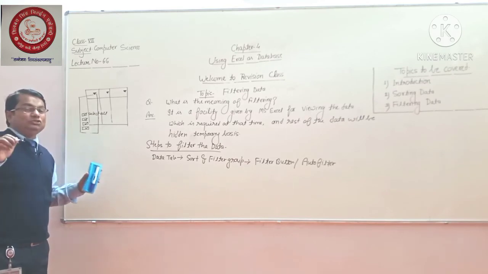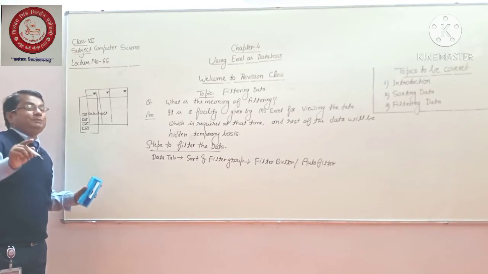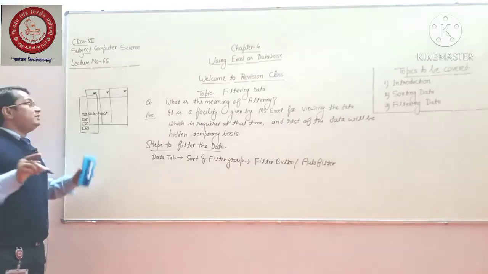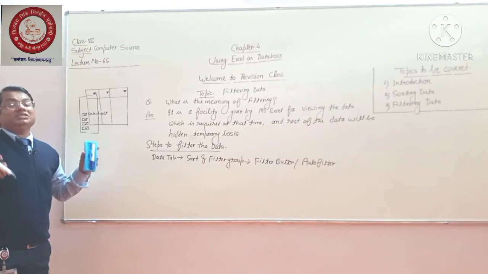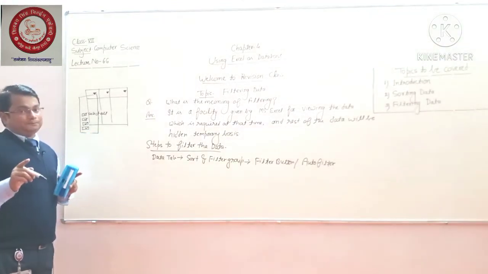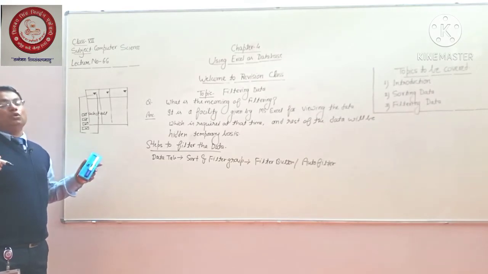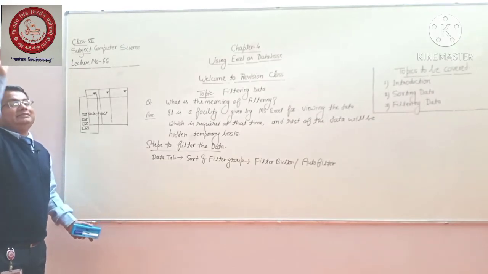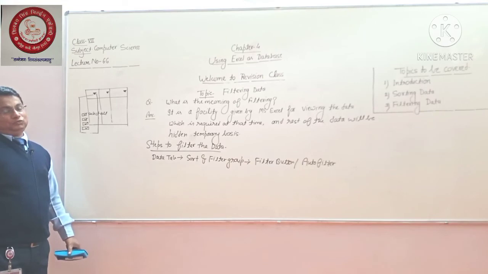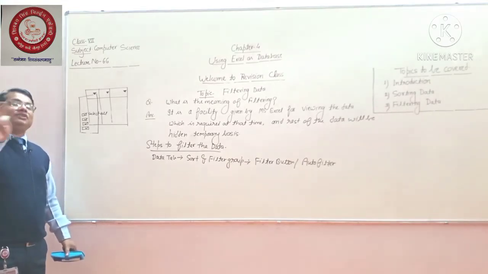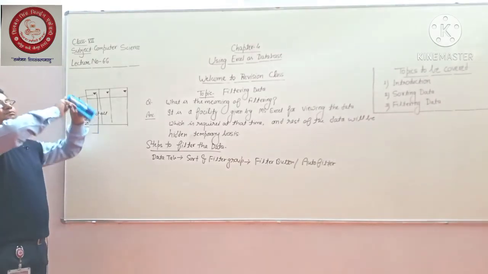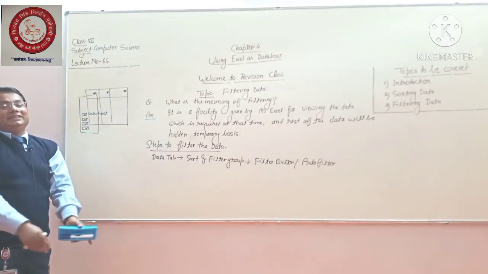Whatever things you select, click on the OK button, and immediately that data will be displayed according to your selection. So there are two different kinds of selections. First, the whole data is getting selected here.